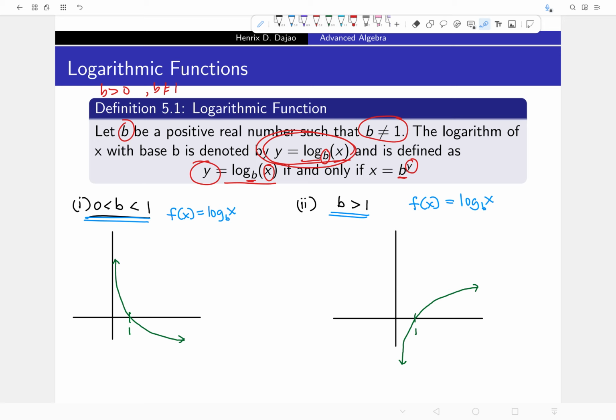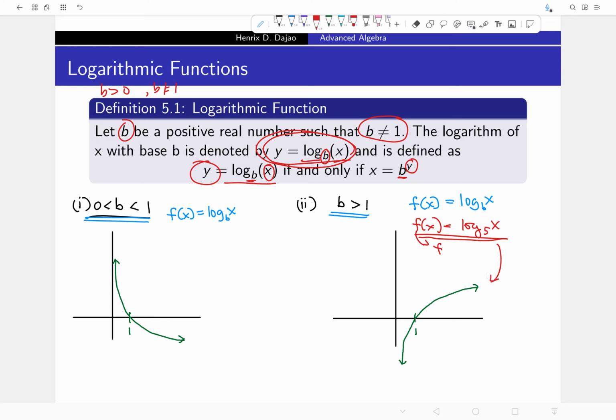So this is just a sketch of our logarithmic function f where b is greater than 1. For example, if your function is f of x equals log x with base 5, the graph of this function roughly looks like this.